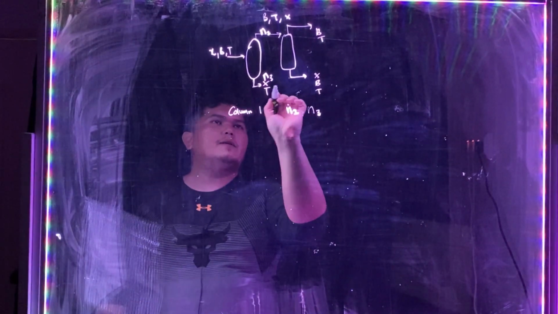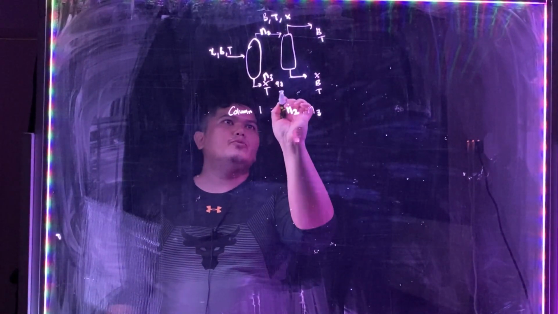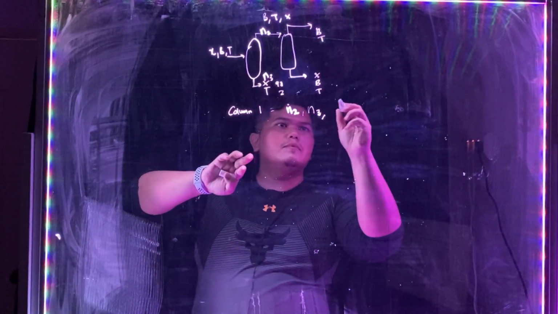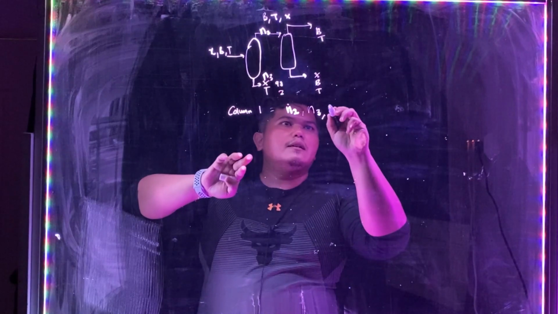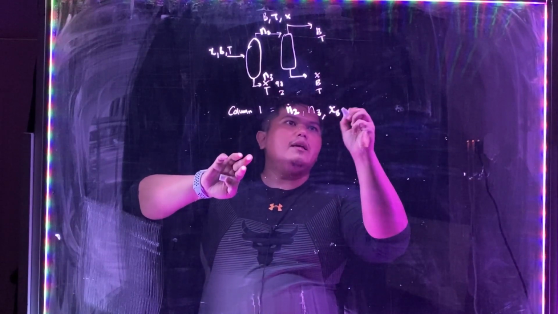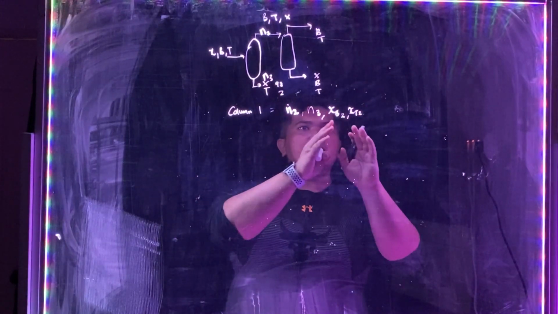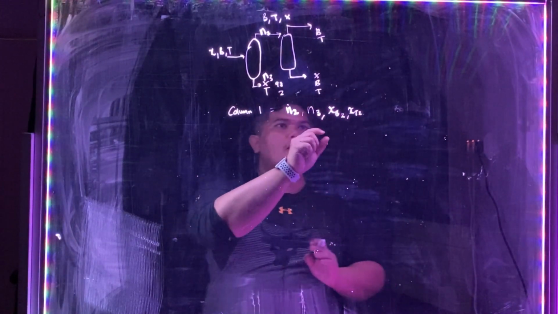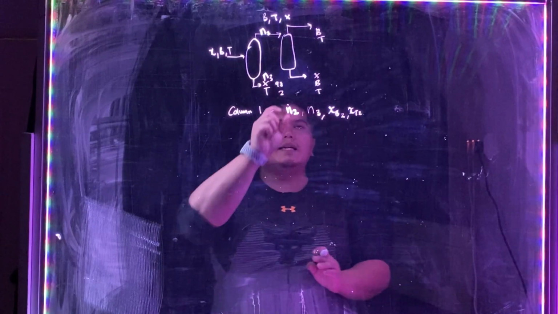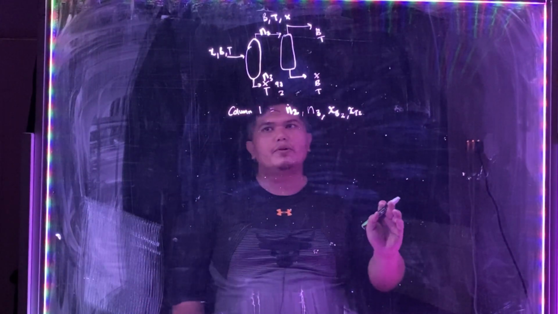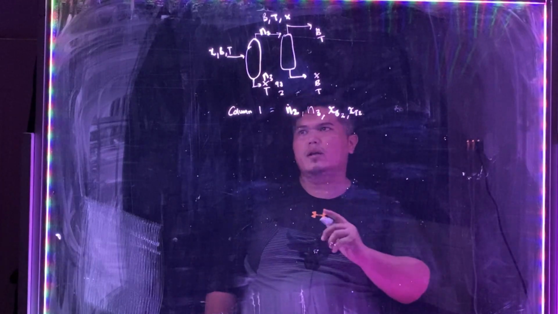We know what is specified here: xylene is 98%, toluene is 2%. But we didn't know the top one, XB2 and XT2, which represent the mole fractions of benzene and toluene in the N2 stream. Those are all the unknowns in column 1.